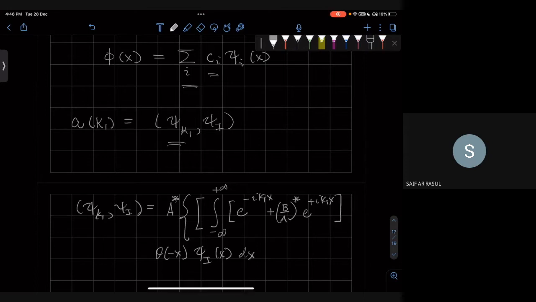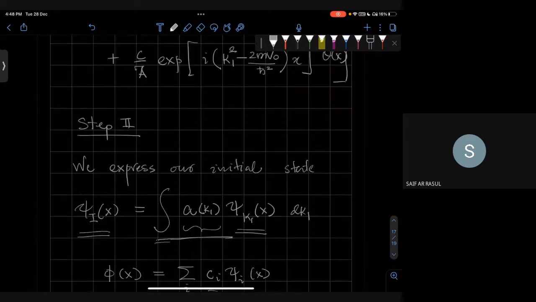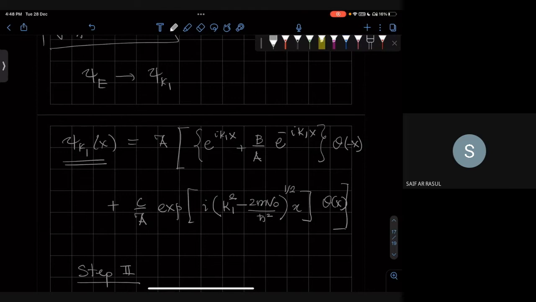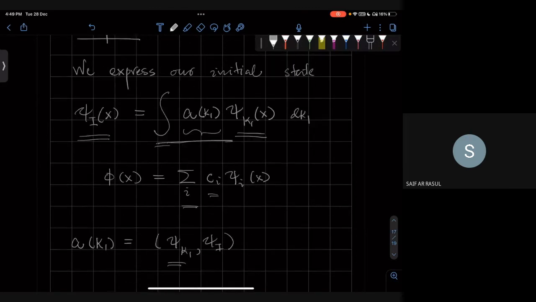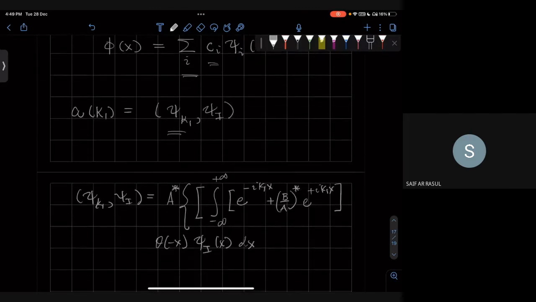If I go back, this is this guy. What we're doing is taking the complex conjugate of this thing and multiplying it with this. So that's the first term.